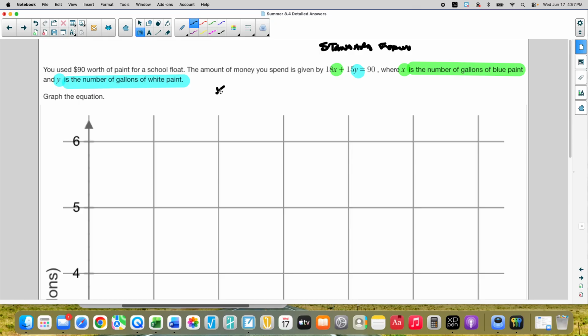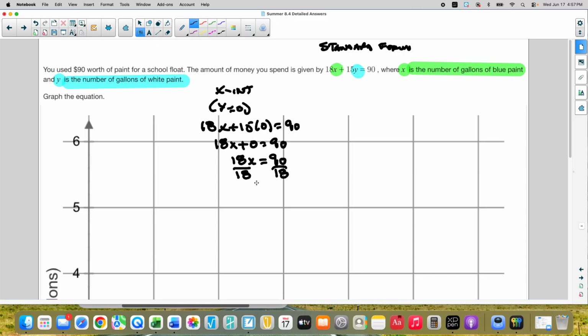So if I'm going to find the x-intercept, remember I put 0 in for y. So if I put 0 in for y, you get 18x plus 15 times 0 equals 90. 18x plus 0 equals 90. 18x equals 90. Divide by 18. X equals 5.